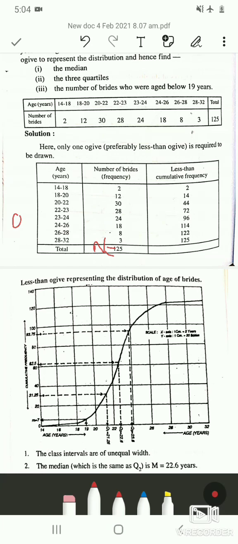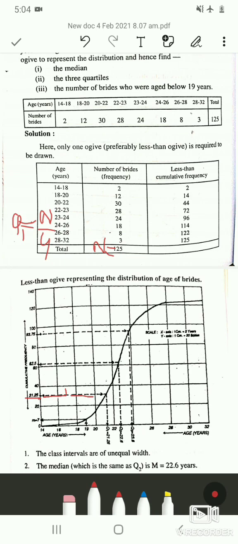To get Q1, the lower quartile, the formula is n divided by 4. So 125 divided by 4 is 31.25. On the y-axis, see where 31.25 is, which is here.